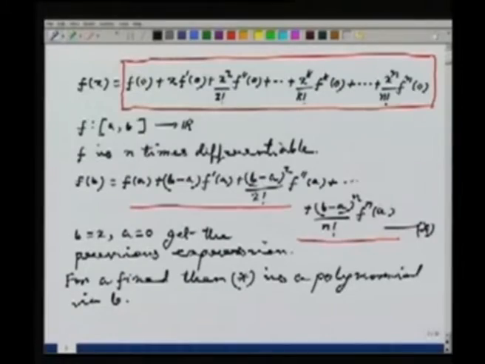That is obvious. If I fix my a as the base point and keep on varying b, and I look at the right hand side star, that means it is a polynomial in b.